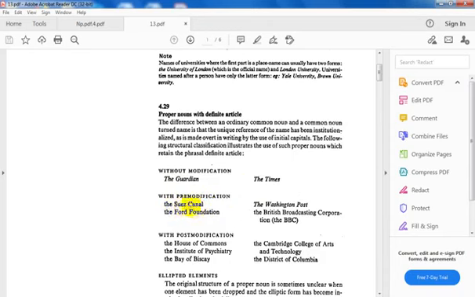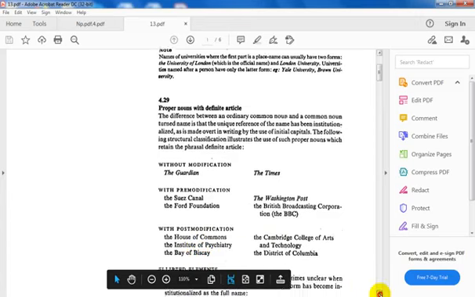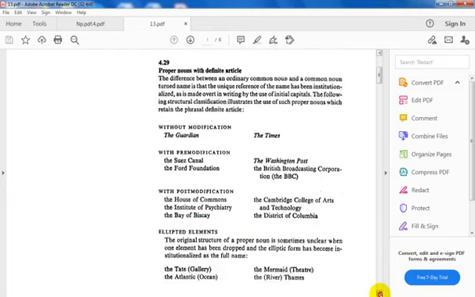Suez Canal, with Suez and Canal capitalized. Say the Washington Post, the Ford Foundation, and so on. With post-modification: the House of Commons, the Cambridge College of Art and Technology, the Institute of Psychiatry, and so on. This is with post-modification, after the noun.